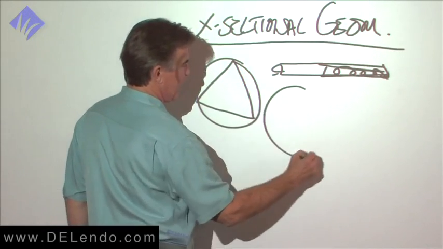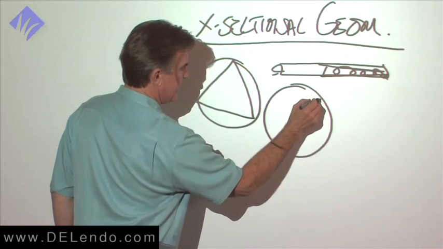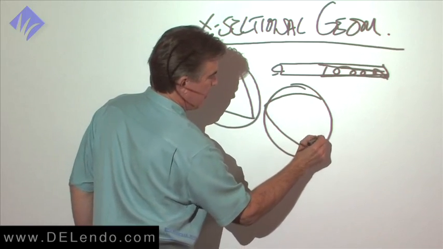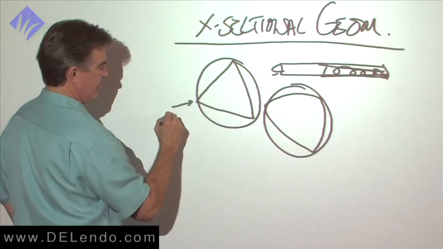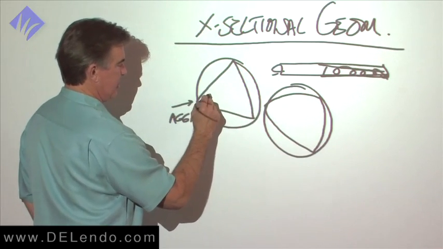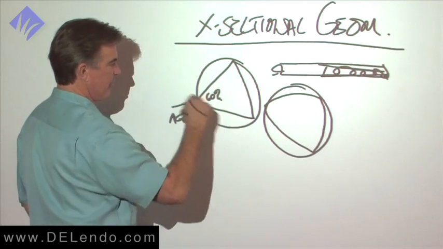The ProTaper files, for instance, have a convex triangle. And the concept here is this is very aggressive. They're all 60 degrees, an equilateral triangle.